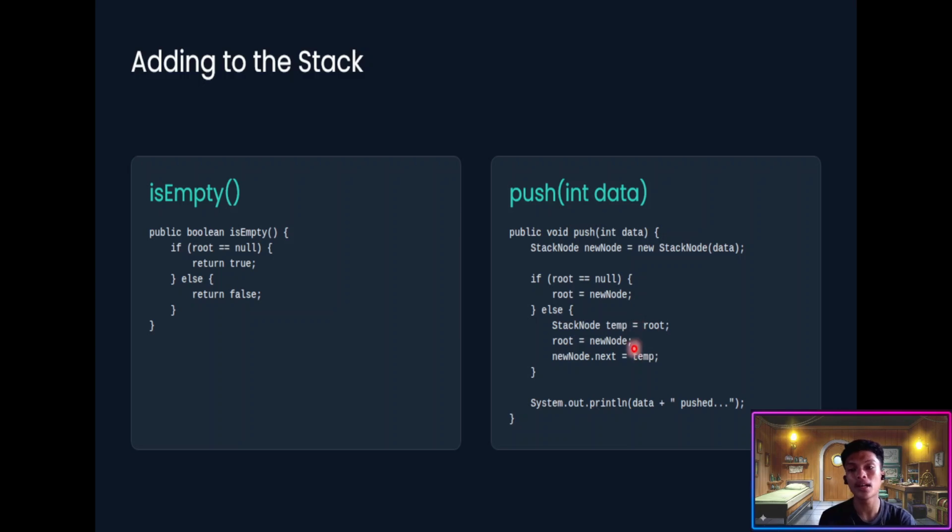But if the stack is not empty, we have to link it. We save a reference to the current root in a temp variable. We set our new node as the new root. Finally, we link the new root to the old stack by setting newNode.next equals temp. So the new node now points to the rest of the stack.